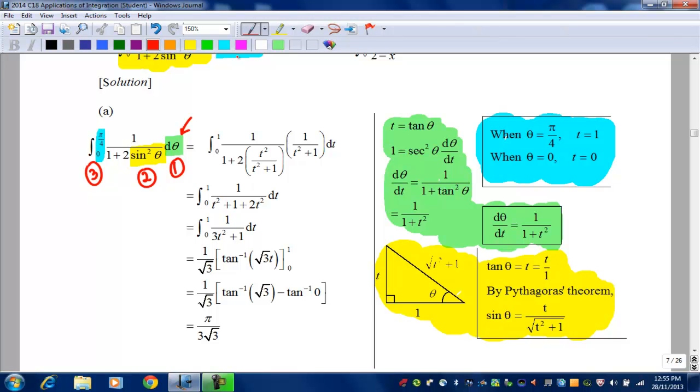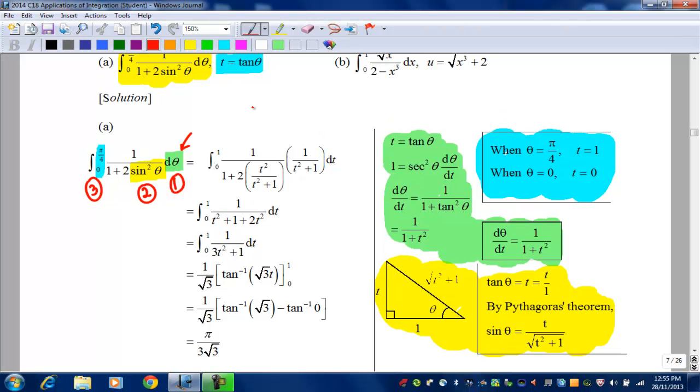So we are given the substitution t equals tangent theta. So if we differentiate with respect to t, what we end up having is 1 equals secant square theta d theta dt by implicit differentiation. So rearranging, we will have d theta dt equivalent to 1 over 1 plus tangent square theta, because secant square theta is exactly 1 plus tangent square theta. So alternatively, you can actually differentiate directly in terms of theta.